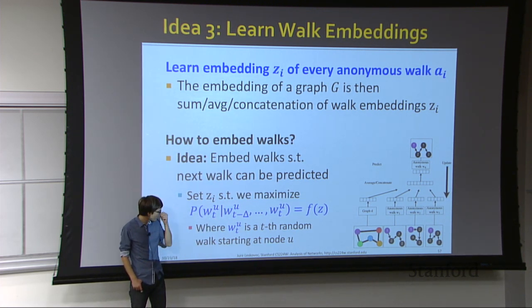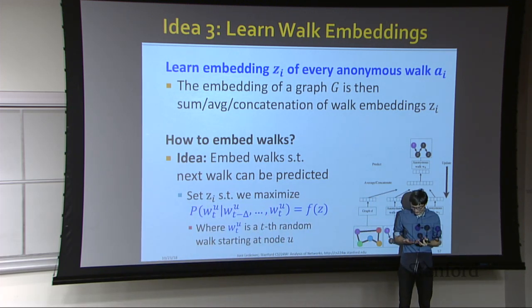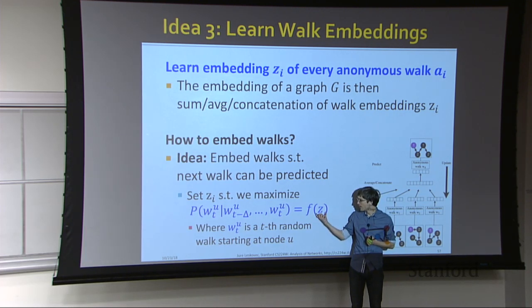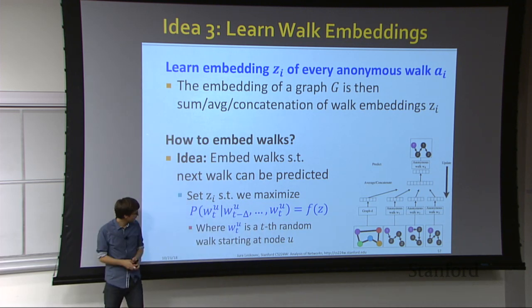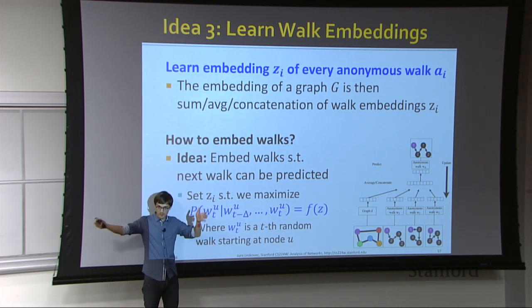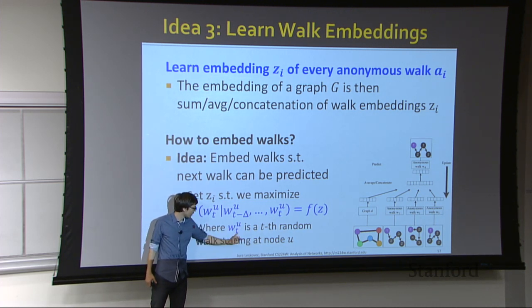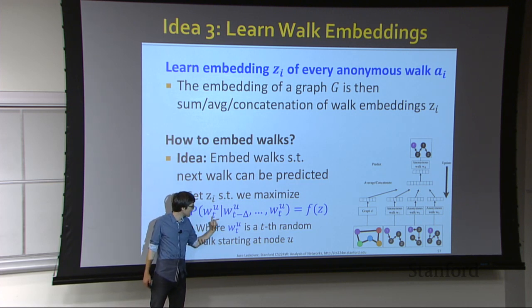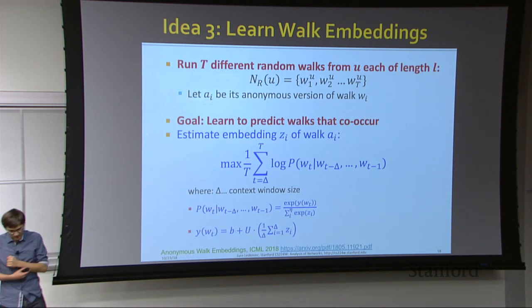In the same way as we do this for node embeddings, we can do this now for walk embeddings. Now Z is an embedding of the anonymous walk, where there is only a finite number of anonymous walks, and I will simulate these anonymous walks starting at some arbitrary node U, and I will simulate capital T of them. So here is how this would work.